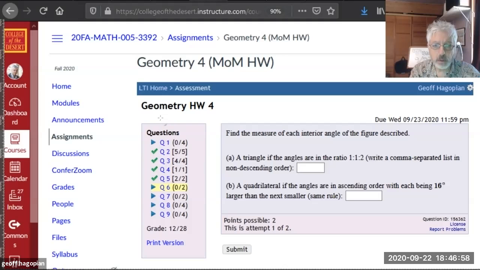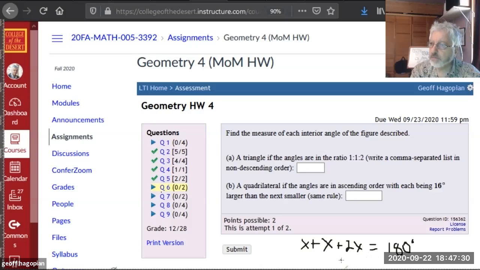So I think what we can say is, if the angles are, can I write this down here somewhere? Okay, so X plus X plus 2X must be the sum of the interior angles, right? And that must be 180. So that's 4X is 180.